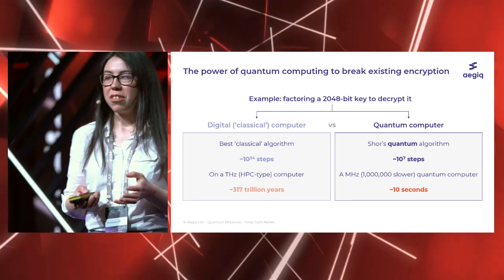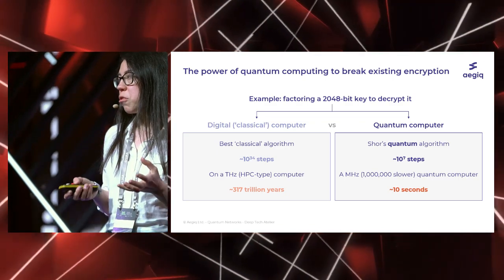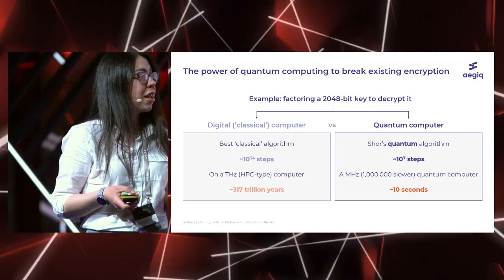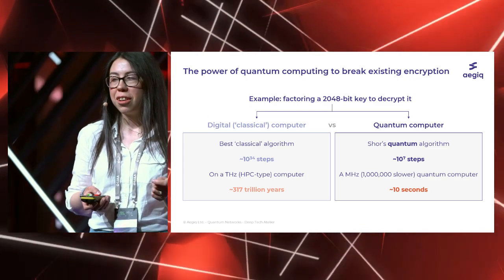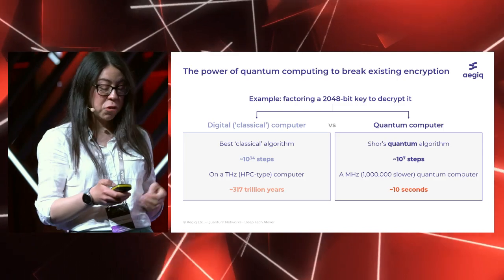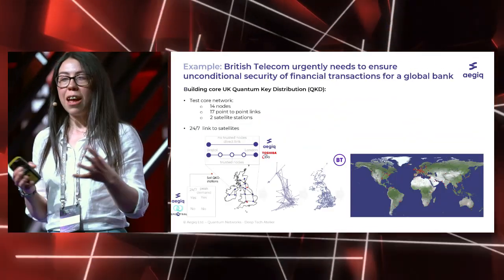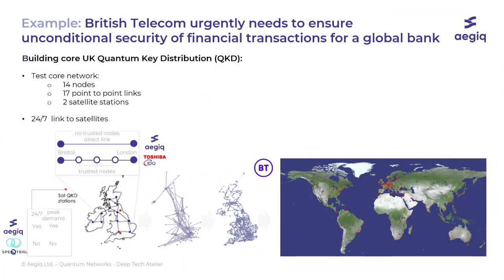But quantum offers us something else, and this is called quantum key distribution. Because of the laws of physics, it's impossible to break that encryption, even if you have a quantum computer. So if you want to create a network of secure nodes across a country, what might that look like?